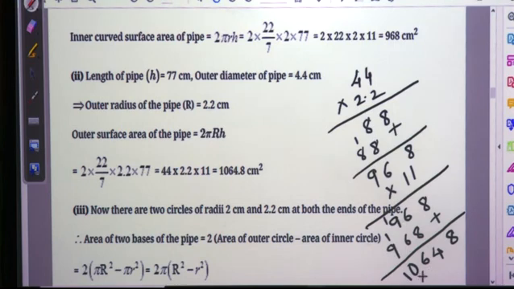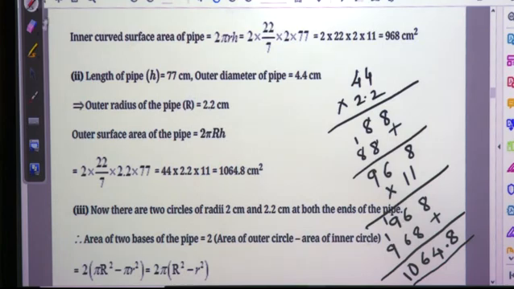We are getting 10,648, but yet we have to consider the decimal point, 2.2 after one digit. So, from right hand side we are counting one digit, and after one digit we are giving the decimal point. Now, this becomes 1064.8 centimeter square.